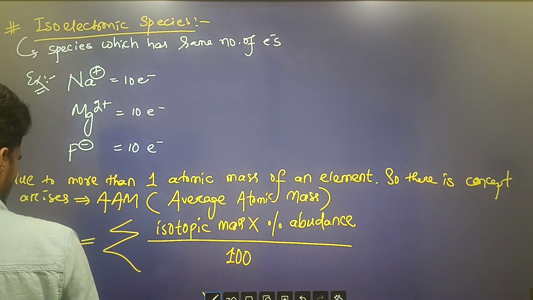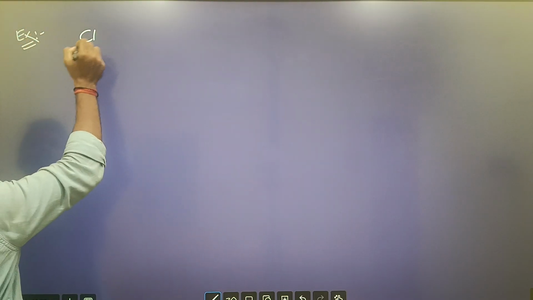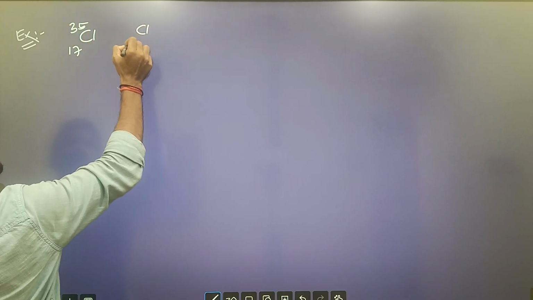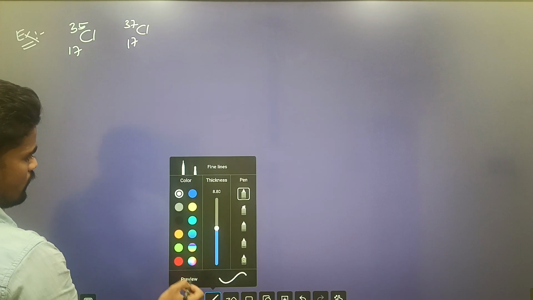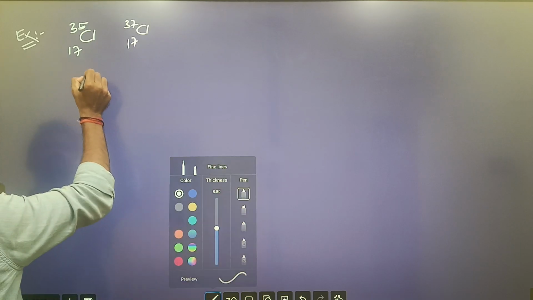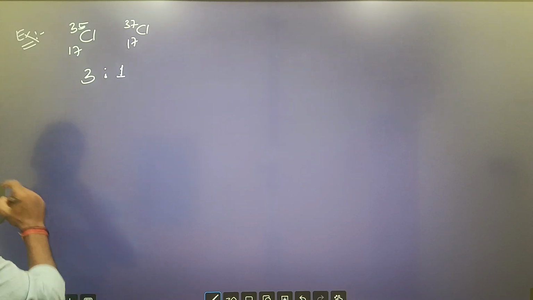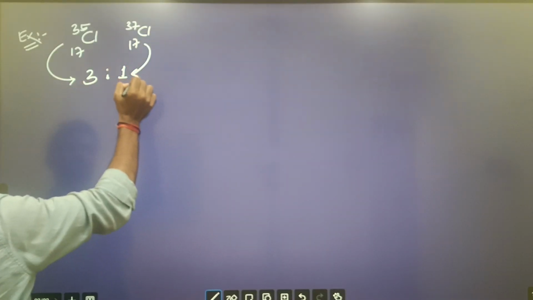So let's do one example. Let's understand with examples. For example, we will take the chlorine element. Chlorine has 17Cl35 and another isotope 17Cl37. So there are two kinds of isotope, but available in a 3:1 ratio. That means total 4. That means this is 3 parts available, this is only 1 part available.